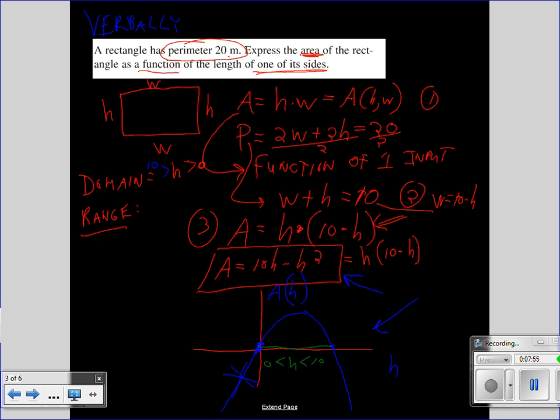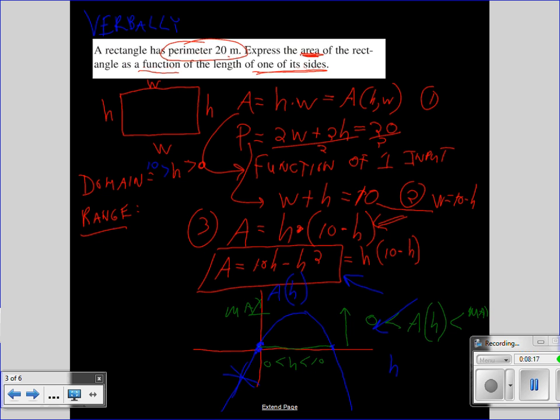And what's my range? Well, range is this way. Range, it looks like a of h has to be less than whatever this max is, and it has to be greater than 0. What's the max?